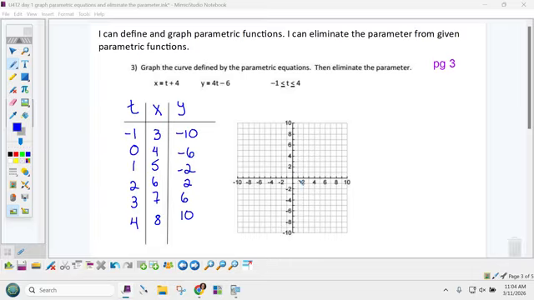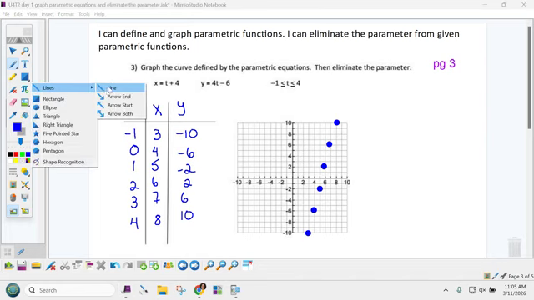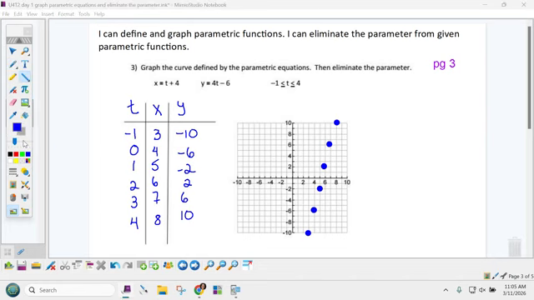All right, so we've got 3, -10. 4, -6. Okay, when you connect the points, don't go past those endpoints.